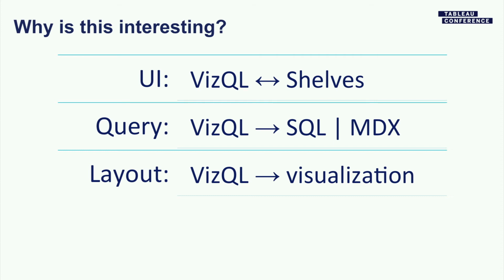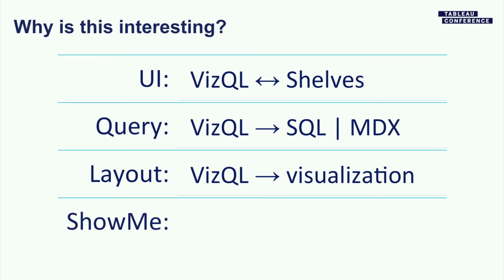It maps naturally to the UI and the layout, and then there's a little more work to building up the query, but that's the most complex part to understand anyway, and so it can just hide that from you. We would get a lot if we just got this out of it, but we can do a lot more with it as well. Another example of how we leverage it as a language is Show Me.